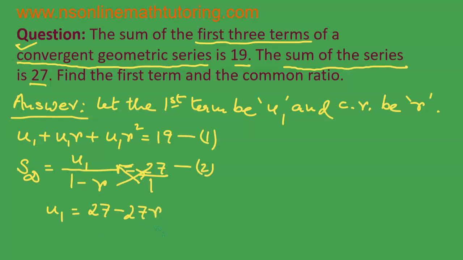So we have an equation giving the relation between U1 and R, expressing U1 in terms of R. So this is the third equation. Now we will be substituting this expression for U1 in our first equation.